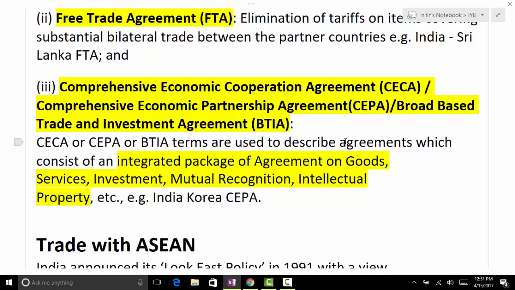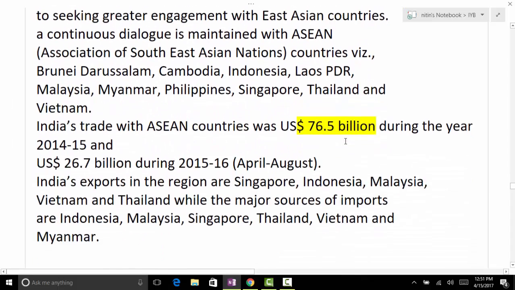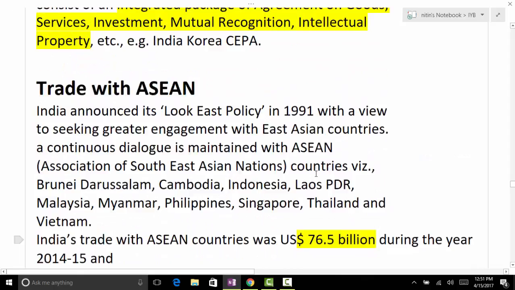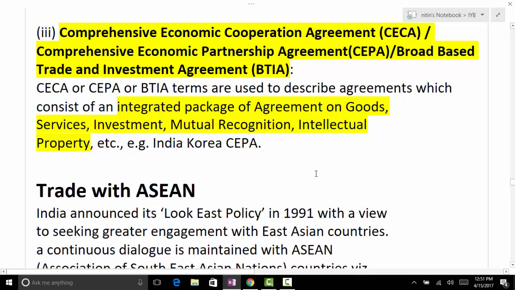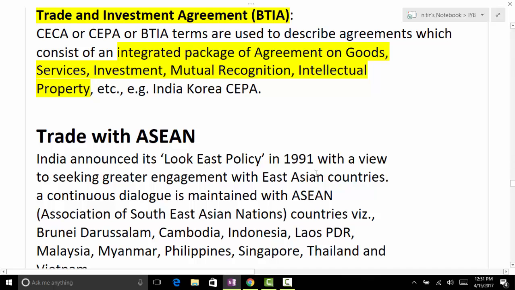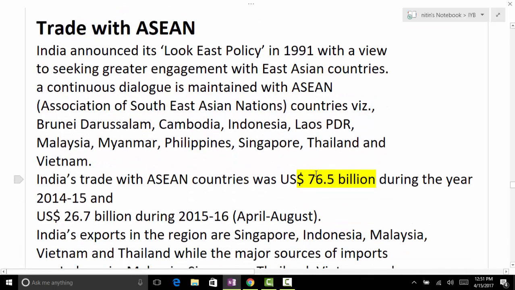They have an integrated package of goods, services, investment, mutual recognition, IP, various components they include. We have CEPA with Korea and Japan both, right? Trade with Asia. क्या कह रहे हैं? TPP की तरह ये है. But the thing is, it is only between two countries, so it won't have much of an effect.